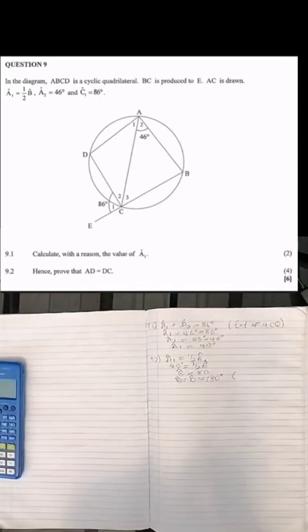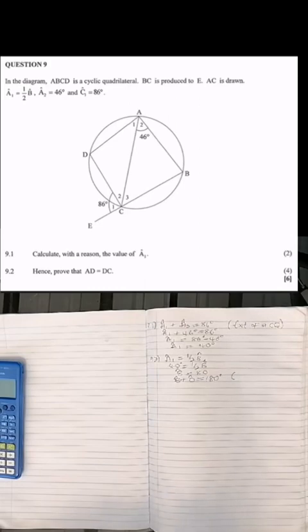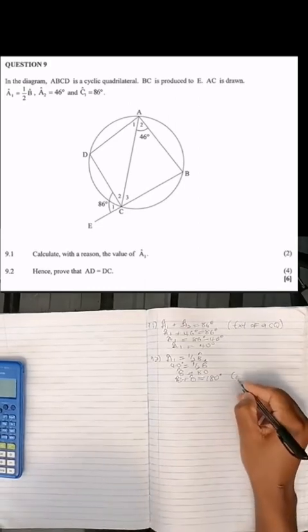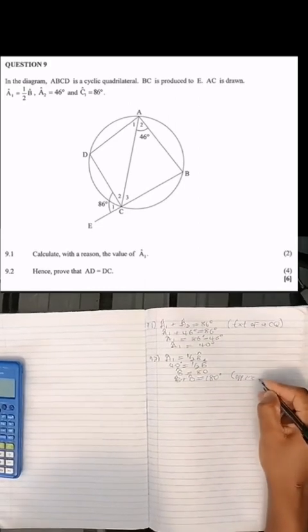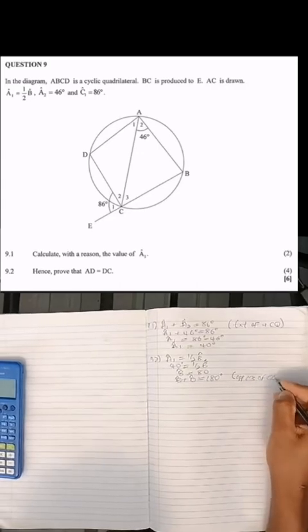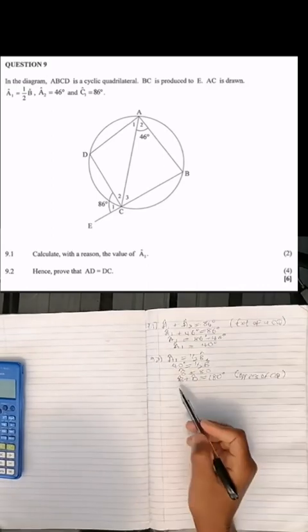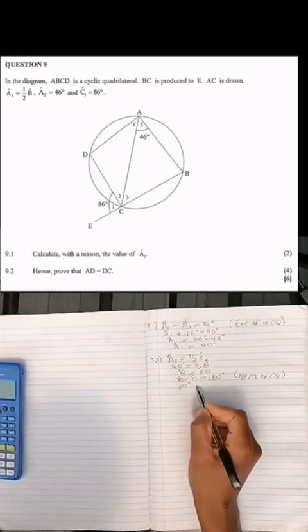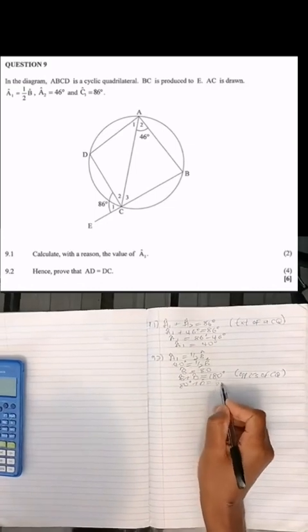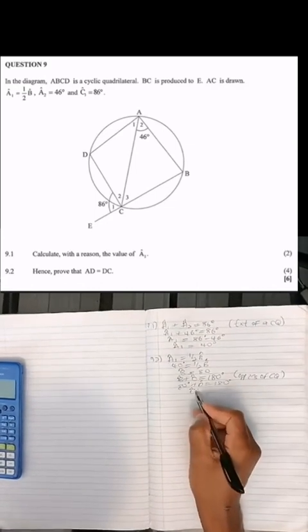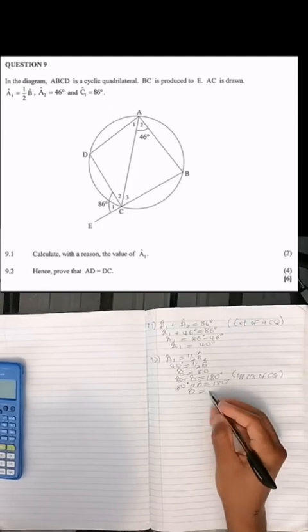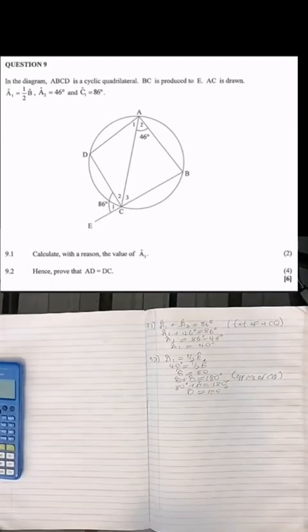Because opposite angles of a cyclic quad are equal to 180. So now we know that B is equal to 80 degrees, plus D is equal to 180 degrees, and then angle D is equal to 180 minus 80, which is 100 degrees.